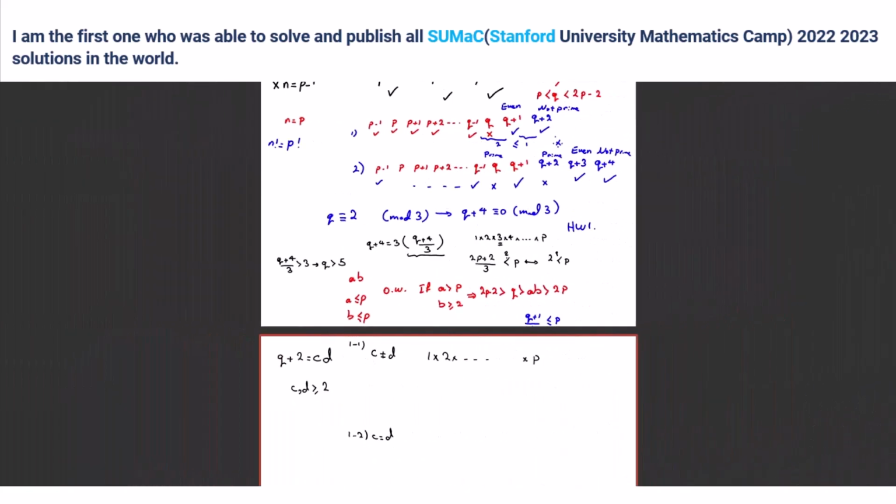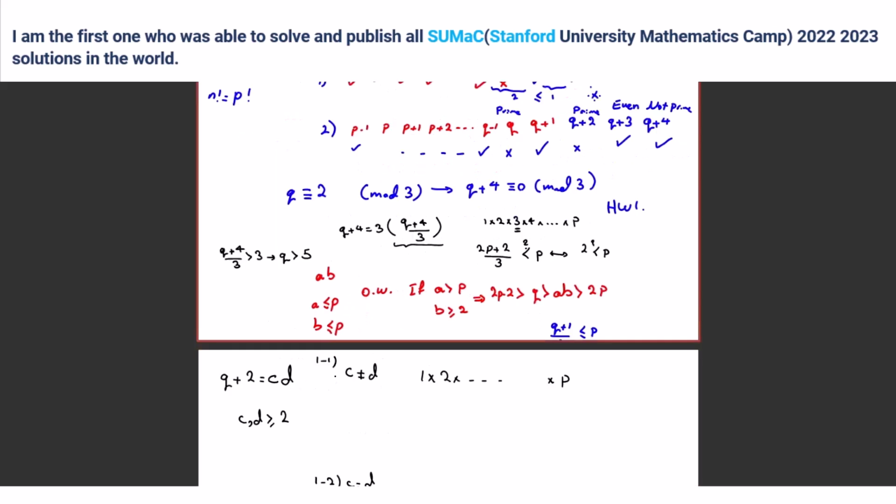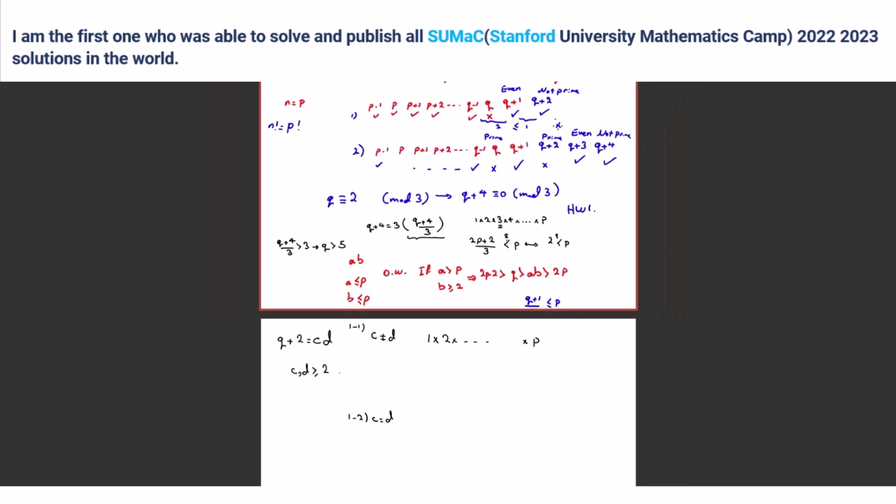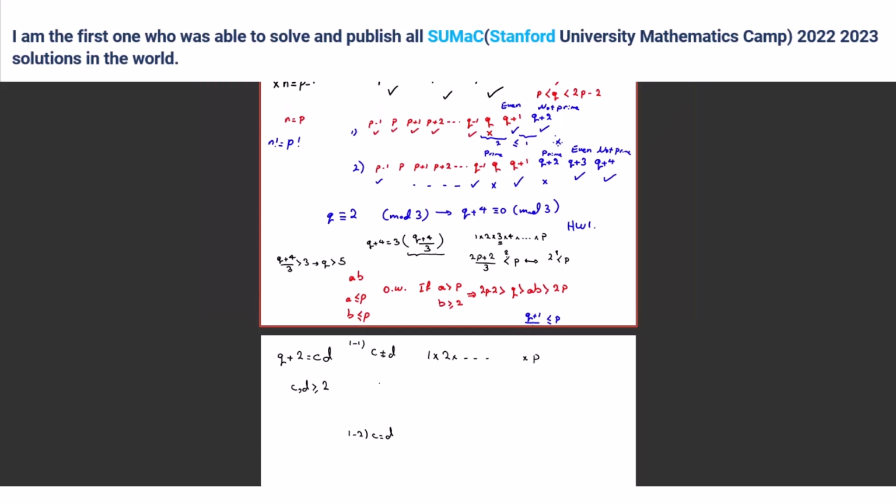So if C is greater than P and D is at least 2, then C times D is greater than 2P, which is greater than Q plus 2. Exactly. For example, if D is greater than P, then CD is greater than or equal to 2 times P plus 1, right?